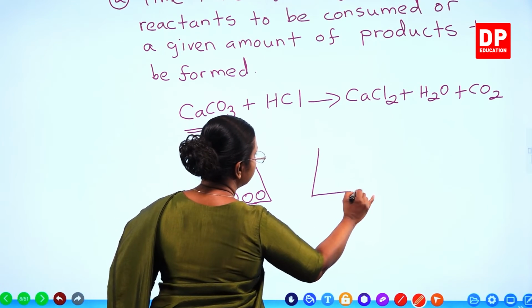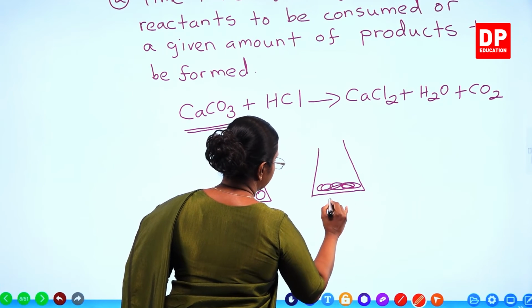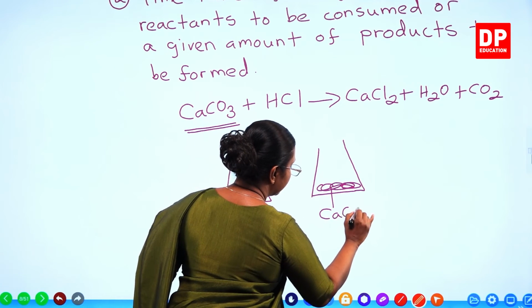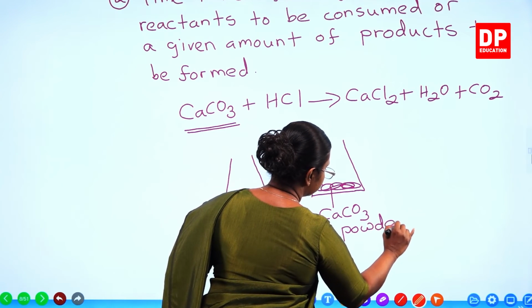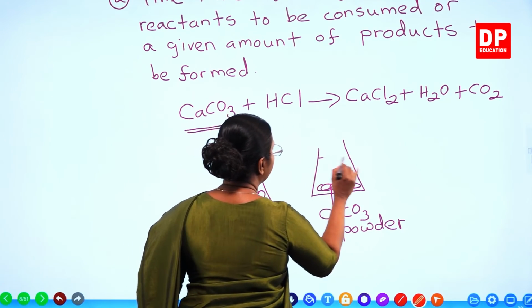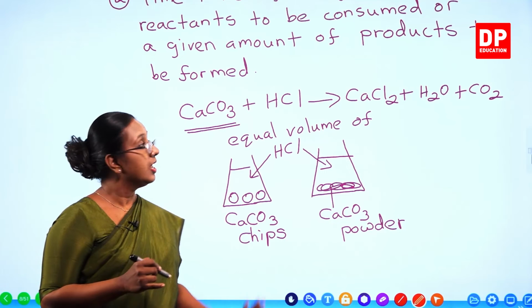Then here, I take calcium carbonate powder. And to that, I put equal volume of HCl. Into both, we put equal volume of HCl. Now what do we do?